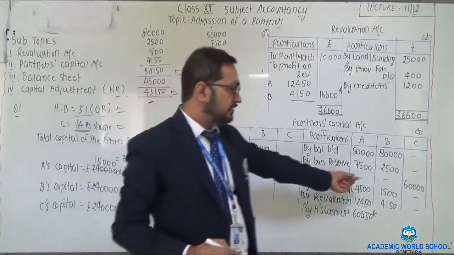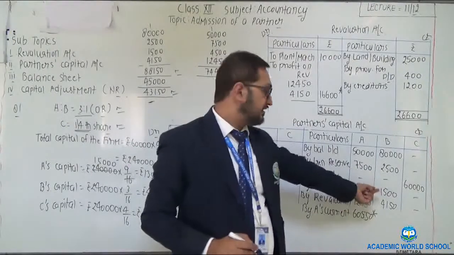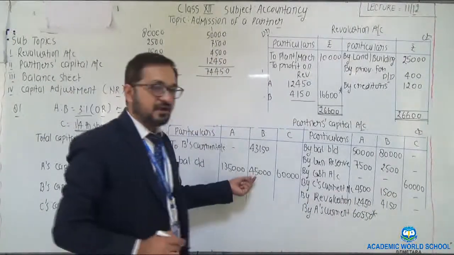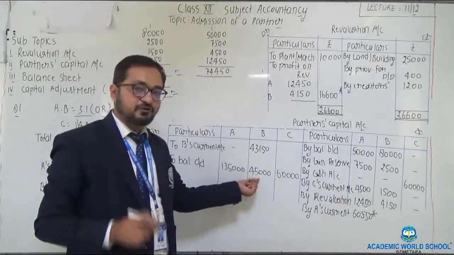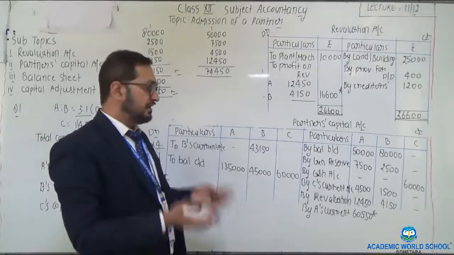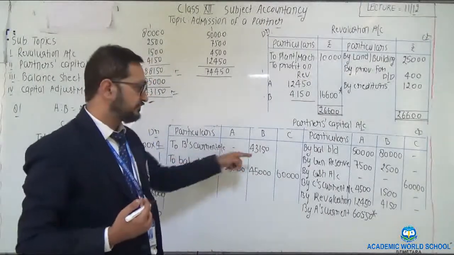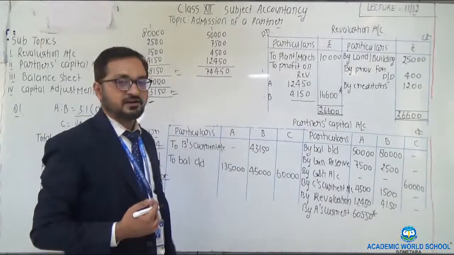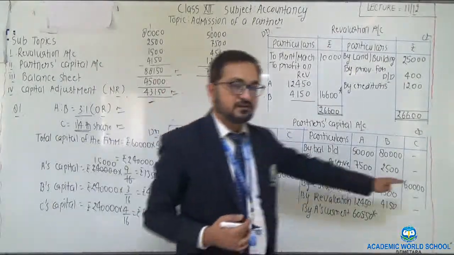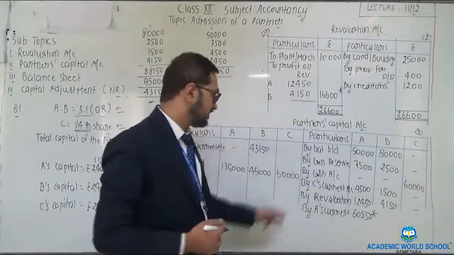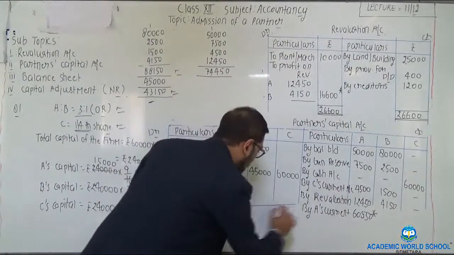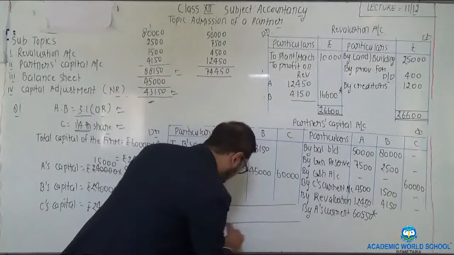His capital just before the admission of C was rupees 88,150, and after the admission of C, his capital would be rupees 45,000. So he needs to withdraw this amount from the partnership firm, that is 43,150. And in case of C, 60,000 is placed on credit side and 60,000 is placed on debit side. His account is already balanced.